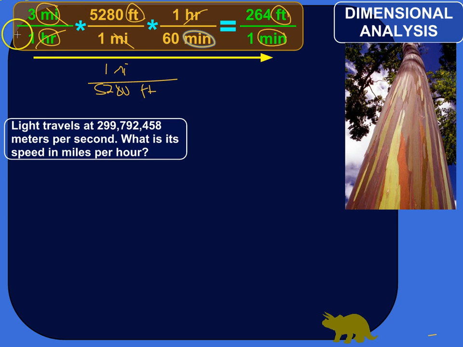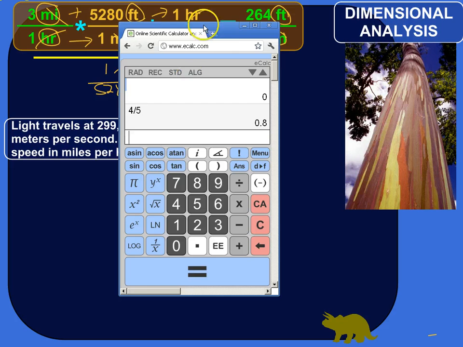Once you do that, then you simply multiply. You take your starting rate, multiply it by the conversion factors that you set up in the way that you wanted to set them up. So straight across the top, 3 times 5,280 times 1, and on the bottom, 1 times 1 times 60. Okay, you do that. I didn't show a step here.